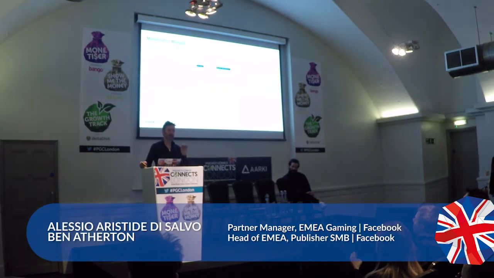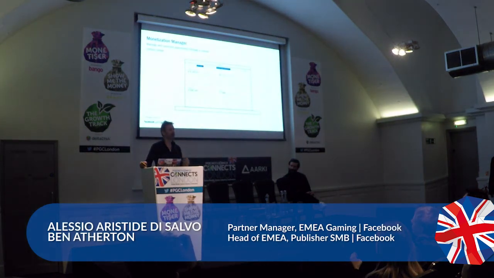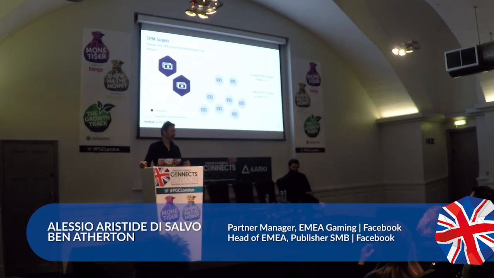We have a bunch of analytics and optimization tools. This is what Monetization Manager looks like. You can see up-to-date data on how your app is performing or your family of apps are performing. And then we have a product called CPM Target. So what CPM Target does is, instead of having a floor on your CPM where you send in a request and say, I want a rewarded video at $15 plus or $20 plus, which means for most demand sources you're going to reject bids at $14.99 or you reject bids at $19.99, we look at bids in the aggregate.